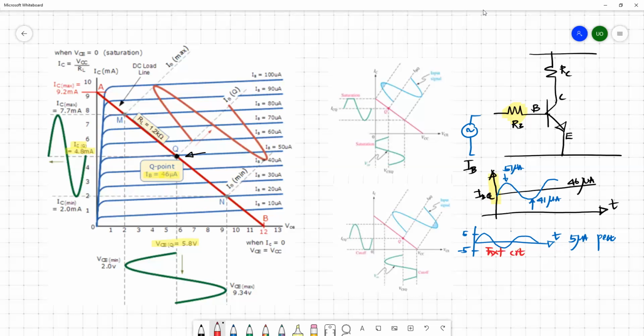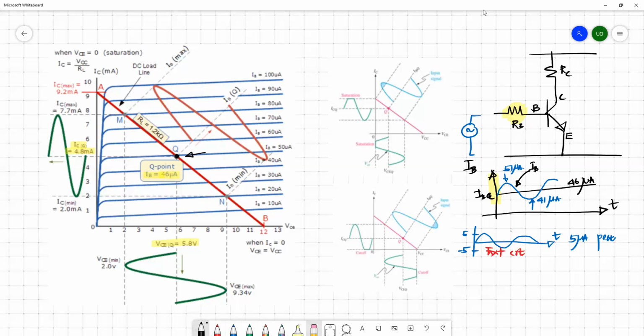This is superimposed on top of the DC bias base current, which is 46 microamperes, and it generates a sinusoidal with a DC offset of 46 microamperes. The current waveform oscillates around this 46 microampere bias base current, with a maximum of 51 micro and a minimum of 41 micro. So this is the actual base current we apply, the IB actual.